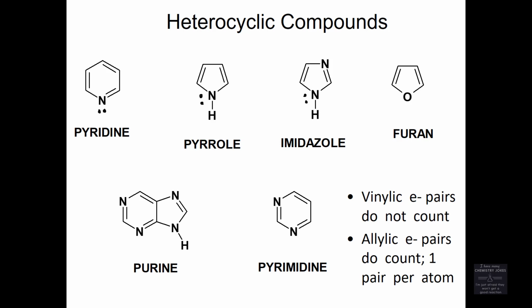All of these nitrogens have a lone pair. And some of them are vinyl and some of them are allylic. And if they're vinyl, they don't count toward your aromaticity, toward your pi cloud. And if they're allylic, they do count toward your aromaticity, toward your pi cloud, but only one pair.